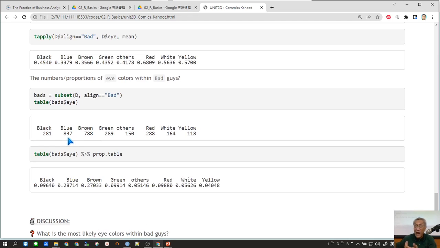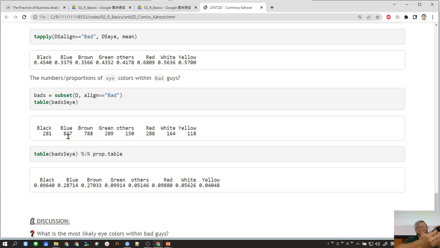But there are a lot of blue eye characters in the population, right? Maybe there are more blue eye good guys, right? Simply because they are a lot. Simply comparing the counts cannot answer the question of probability, right?